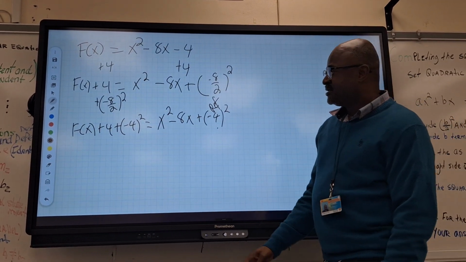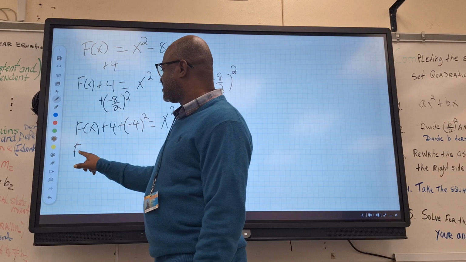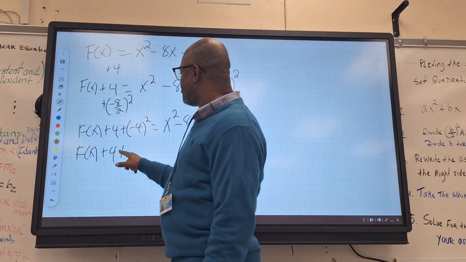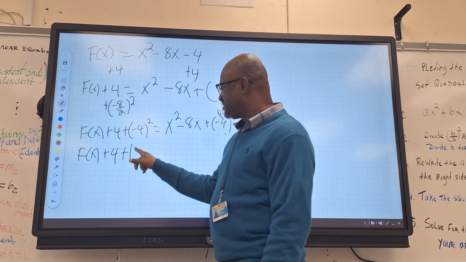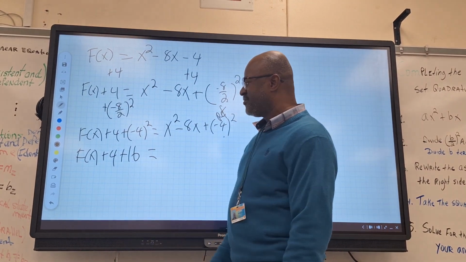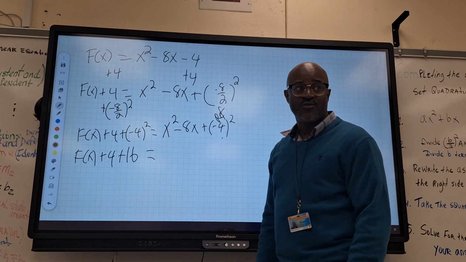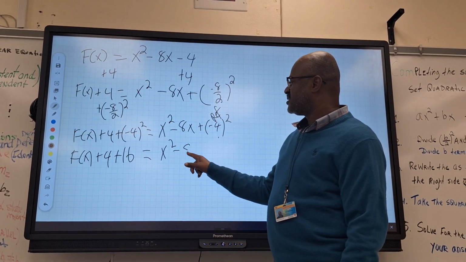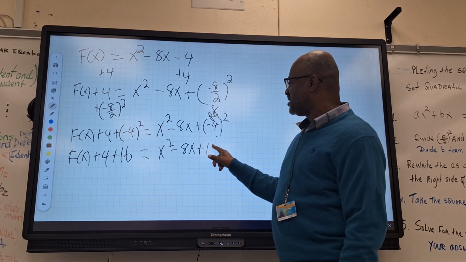So here you will have f of x plus 4. What is negative 4 squared? That will be 16. No negative. Whenever you square a negative number, it has to become positive. So you will have x squared minus 8x plus 16.